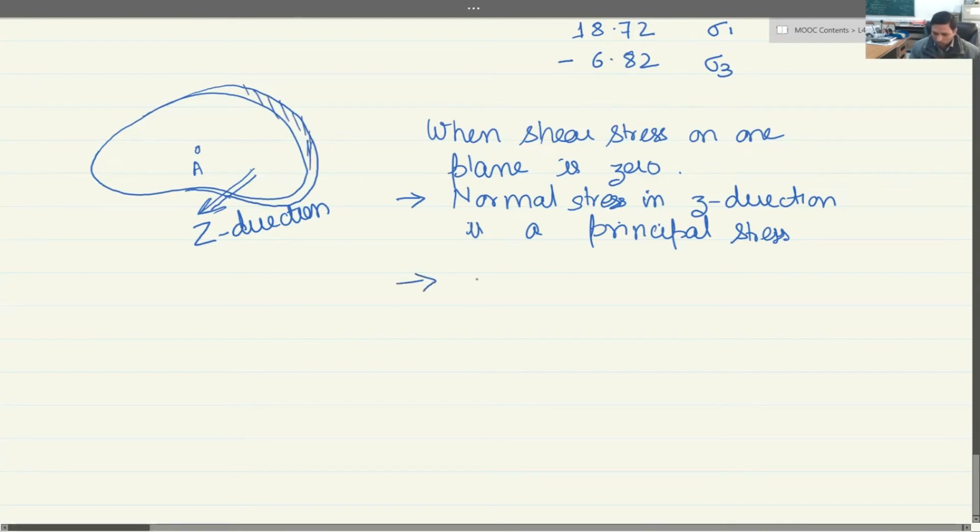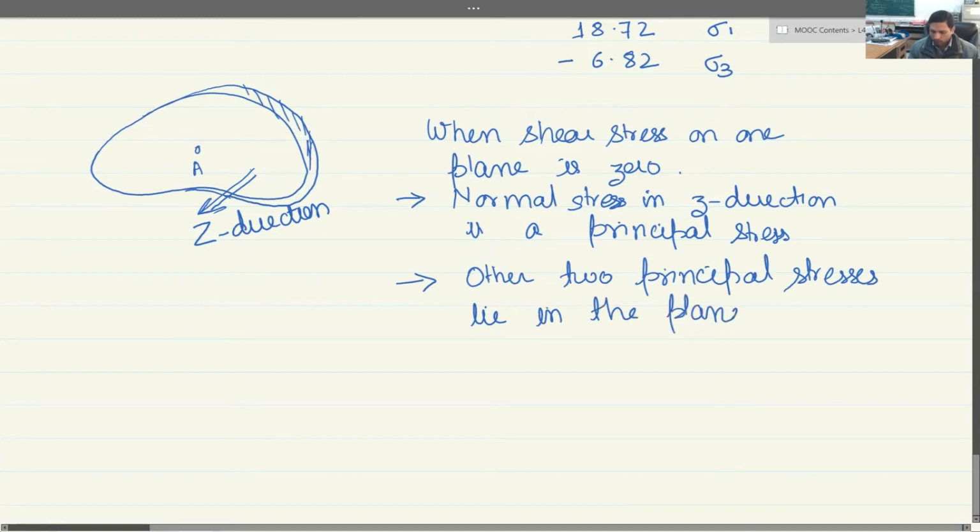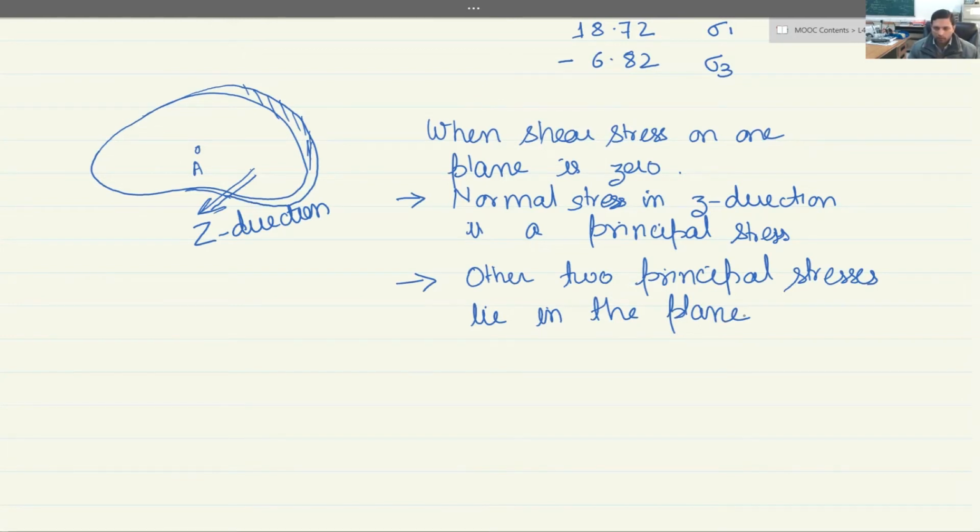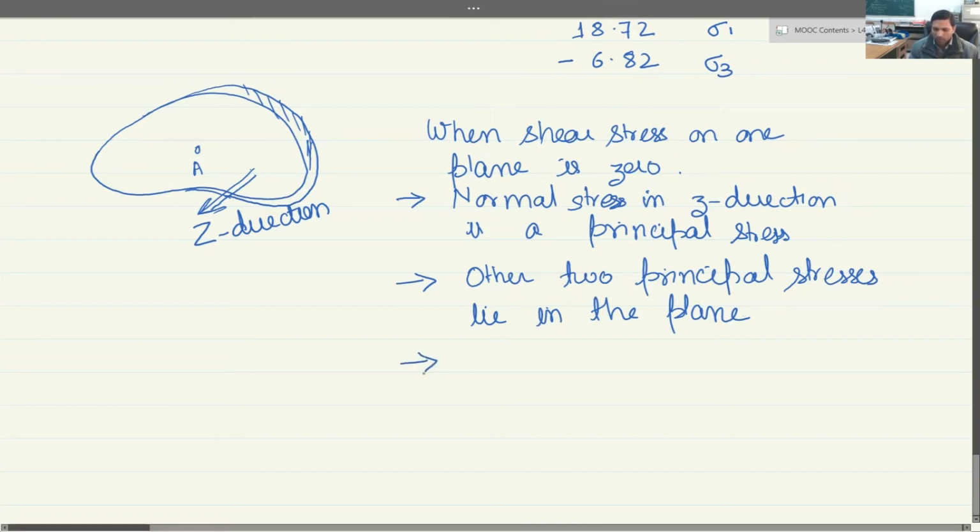So the other two stresses lie in a plane. So for this particular situation, which is very common we encounter in engineering, we can find simple transformation rules.